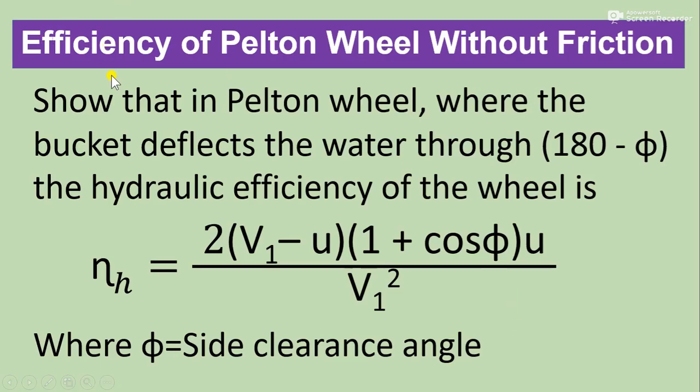Now we will have derivation for efficiency of Pelton wheel without friction, in which we have to show hydraulic efficiency is equal to 2 times V1 minus U first bracket second bracket 1 plus cos phi bracket complete U by V1 square, where phi is side clearance angle or vane angle at outlet.